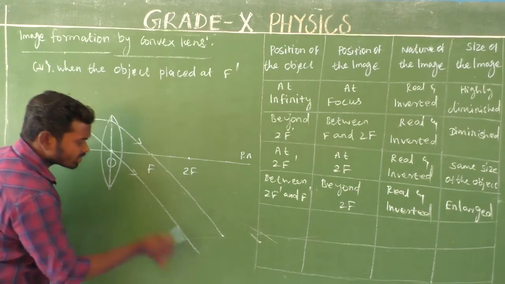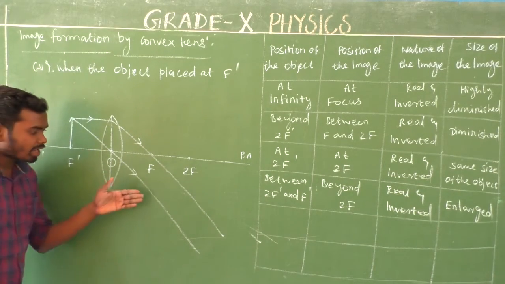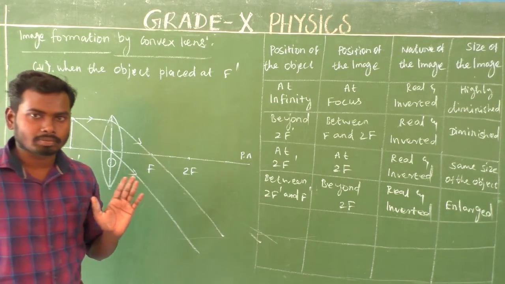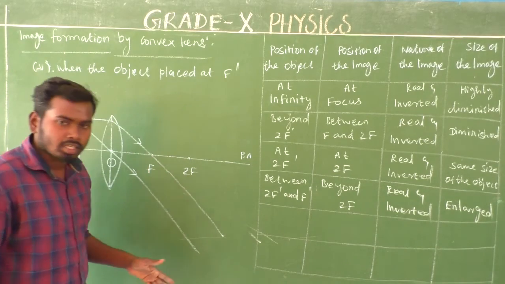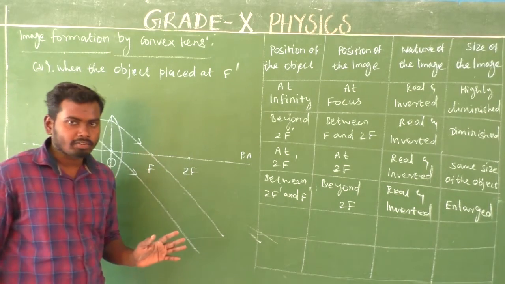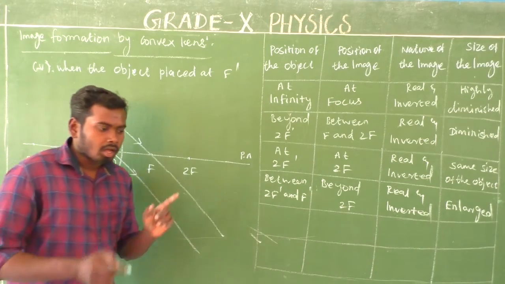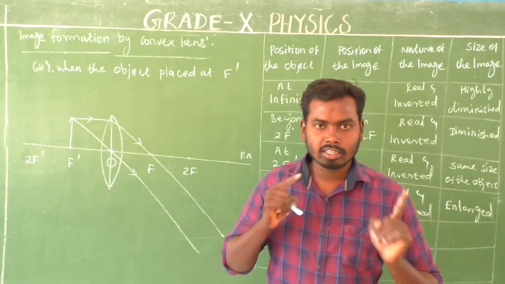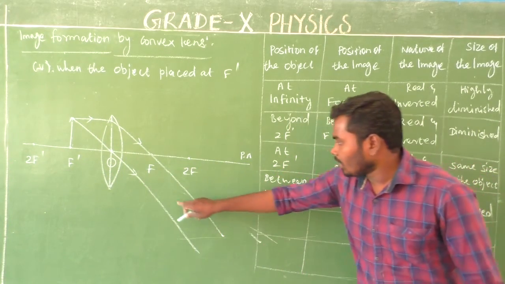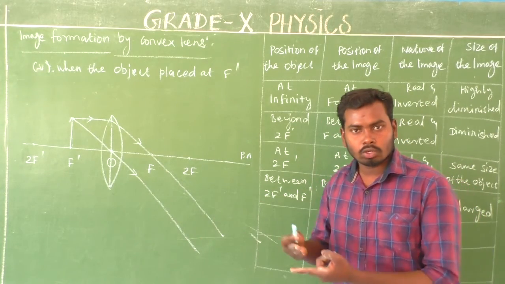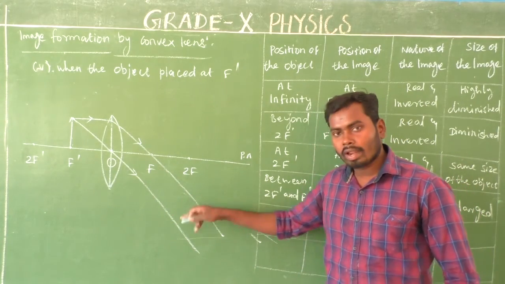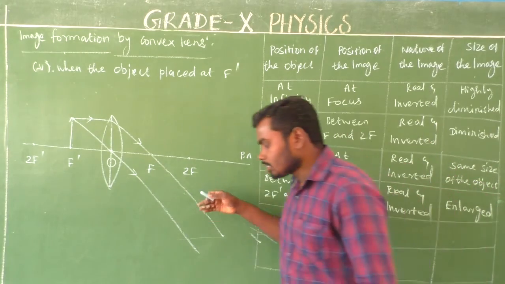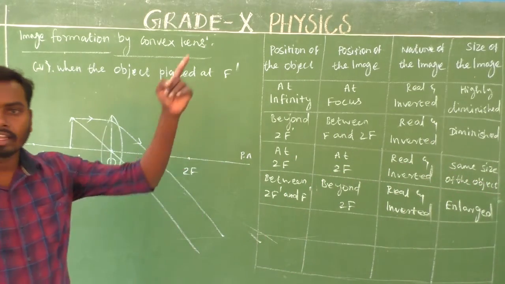So after refraction, the two rays are parallel to each other. Is it clear? But we need an image. What is the rule to form an image? An image is formed where the two refracted rays intersect together. But here there is no possibility to intersect, because the two rays are parallel to each other. But these two parallel rays will meet at infinity.